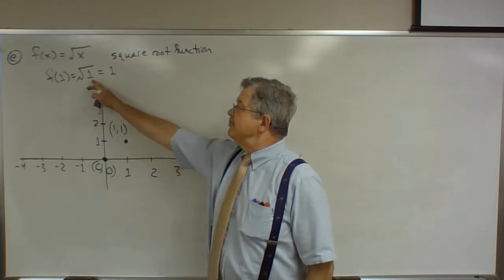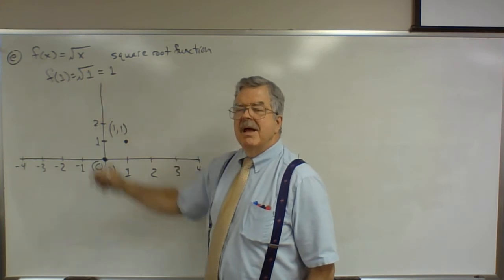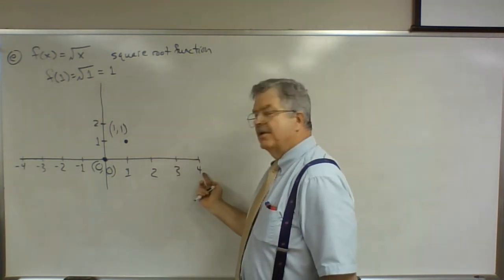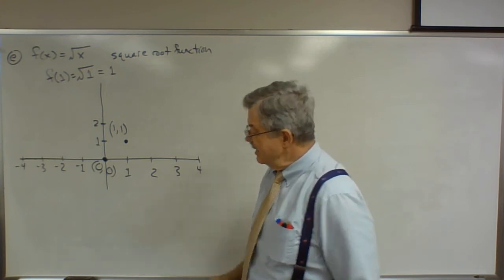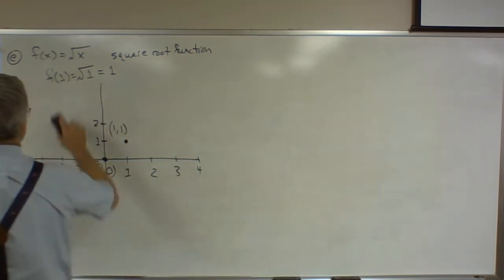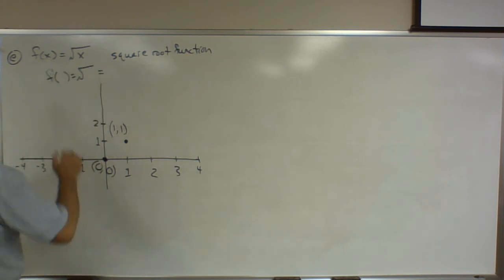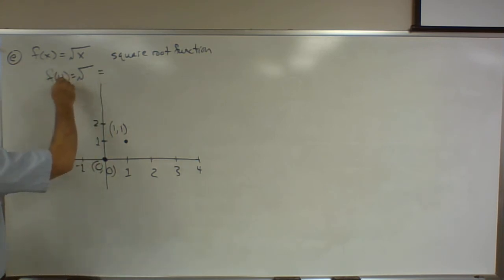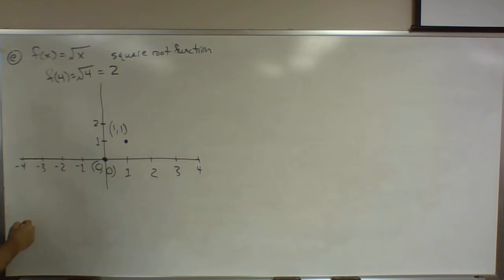And since I have to put it under this square root, I'm going to take a number whose square root I know. I know the square root of 4. It's 2, so I'll use that as my third value to plug in. F of 4, f evaluated at 4 is the square root of 4, which is 2.